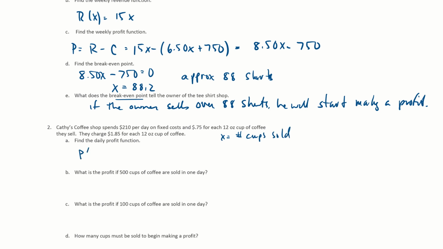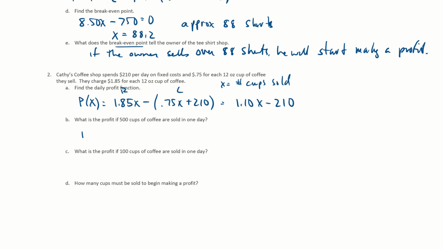So the profit P is 1.85X minus how much it costs, 0.75X plus 210. This is the revenue and this is the cost. If you simplify that, you get 1.10X minus 210.